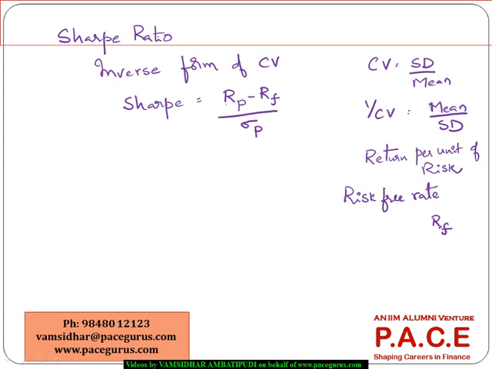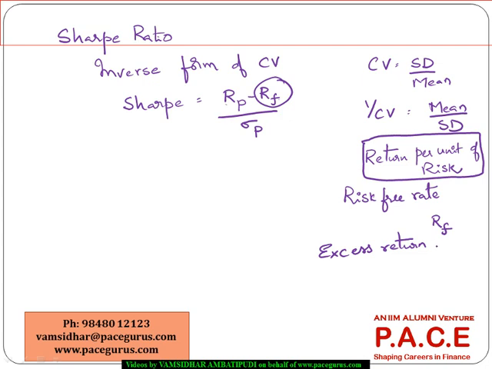Typically, if you look at investment in government securities or investment in highly rated banks, there is no chance of losing money, but at the end of the year, I may get a 5%, 6%, 7% return on my investment. So that kind of return we typically call risk-free, meaning even without taking any risk, I can get that much of a return. So whatever we are talking about as return per unit of risk, we slightly change it to say excess return per unit of risk, because RF is something that is assured.